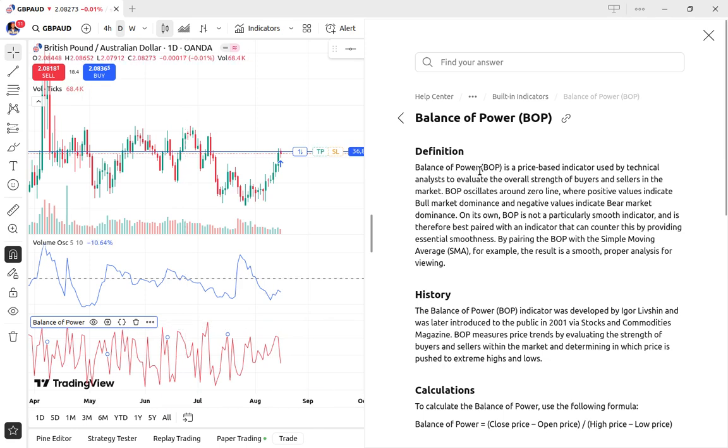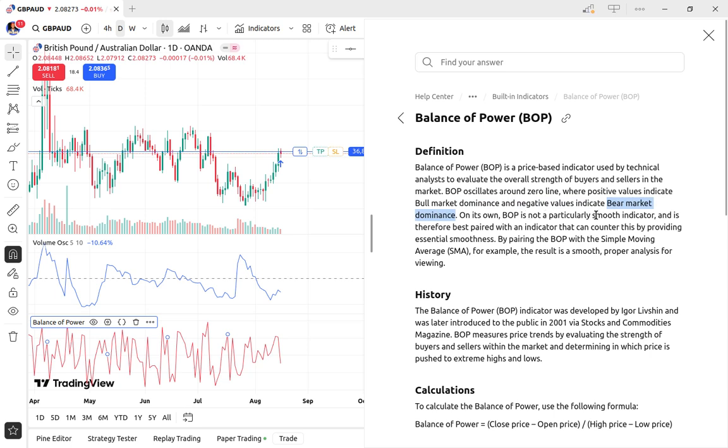So the balance of power is a price-based indicator used by technical analysis to evaluate the overall strength of buyers and sellers in the market. BOP oscillates around the zero line, where positive values indicate bull market dominance and negative values indicate bear market dominance.